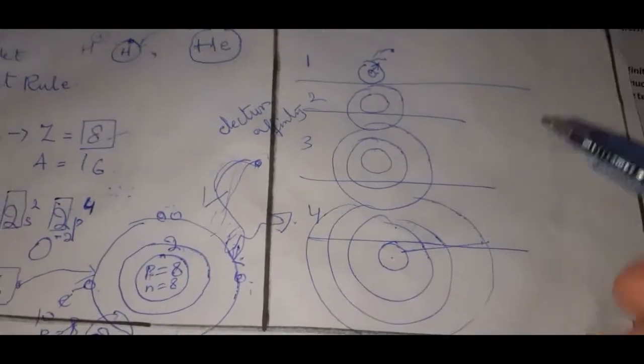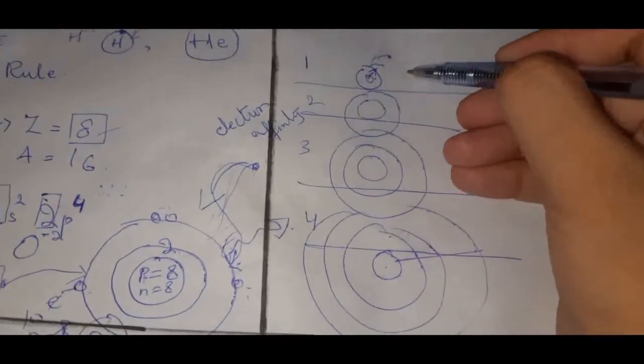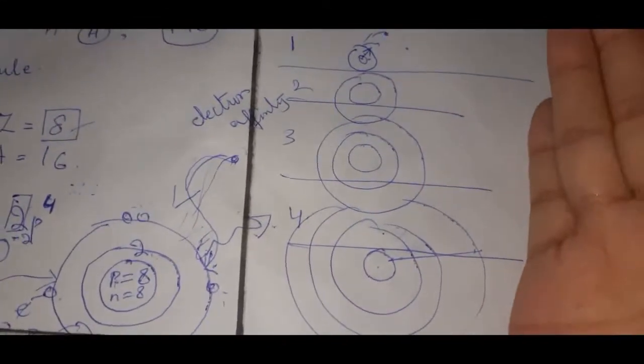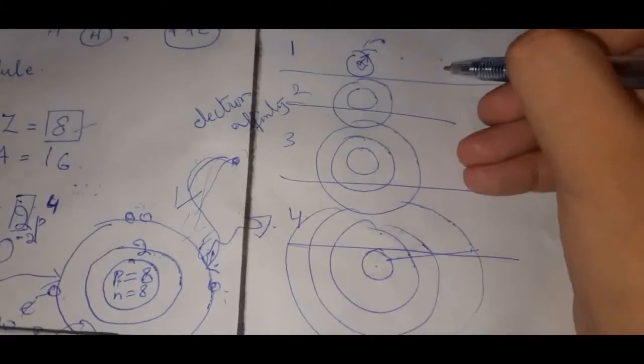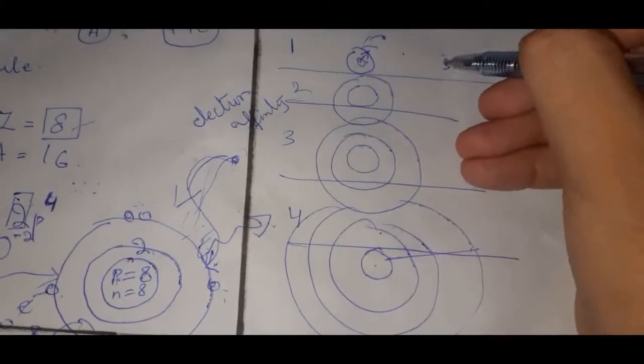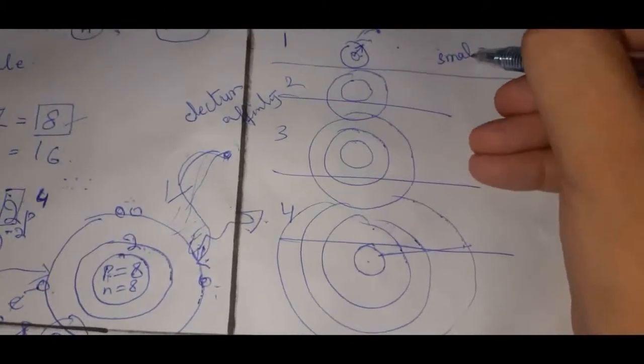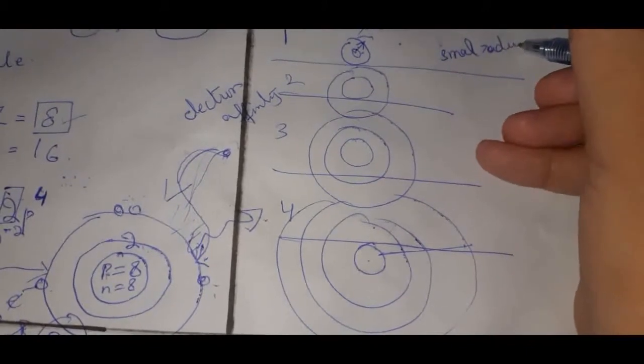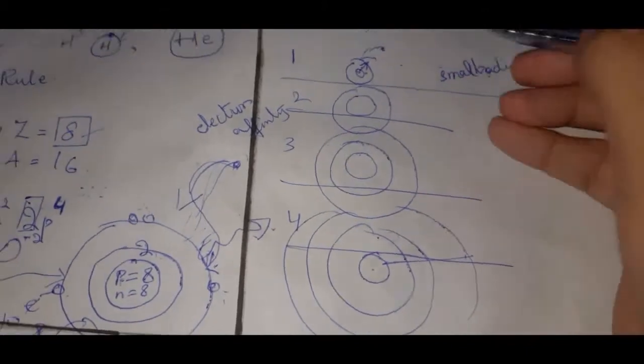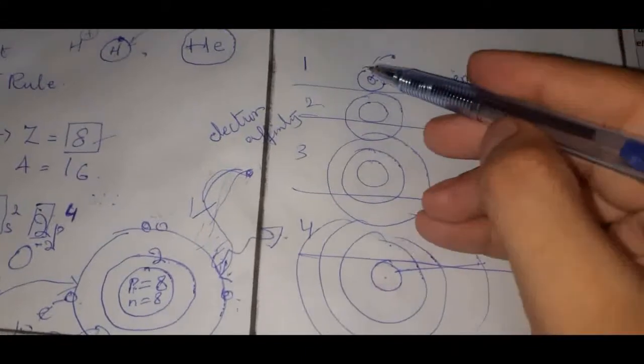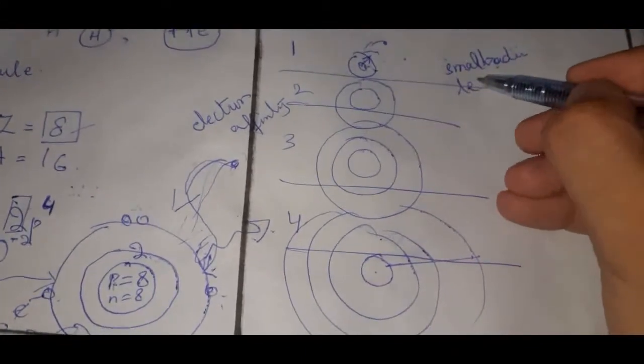So that is why we say that those elements which have small radius, which have less shielding effect.